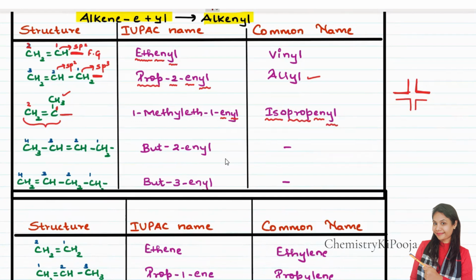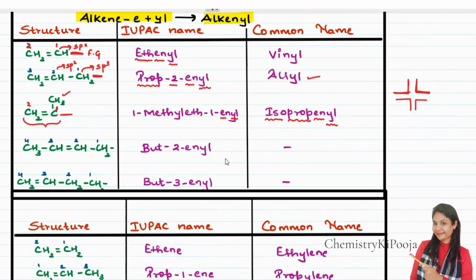So basically, this is not a complete structure. As I said, this is the branched form, so we are going to write the last one as yl. Clear? Now remember, do not get confused. Always for the IUPAC name, you are going to select the longest chain, whereas for the common name, no need to select any chain.